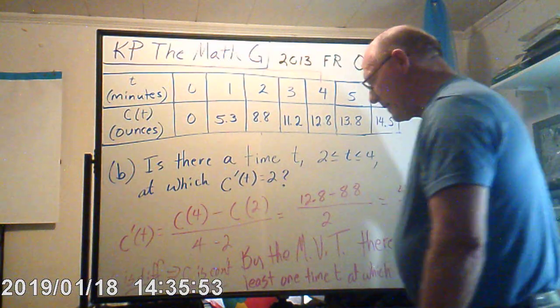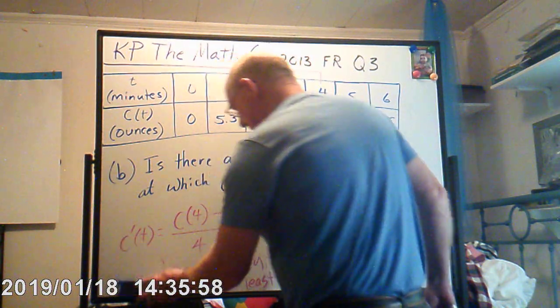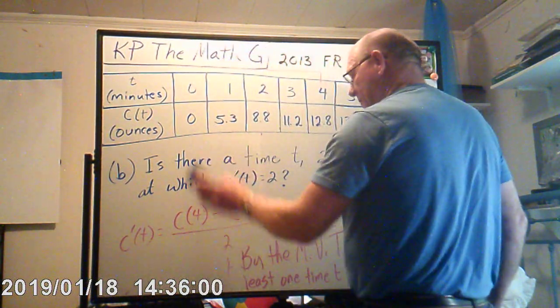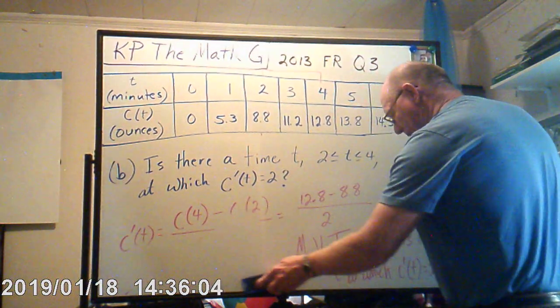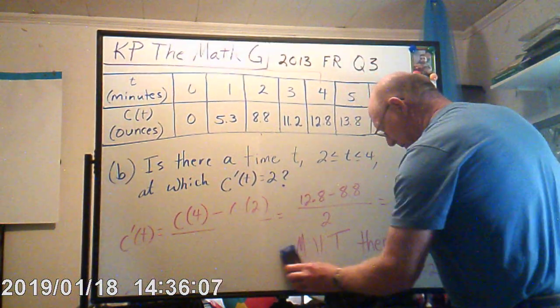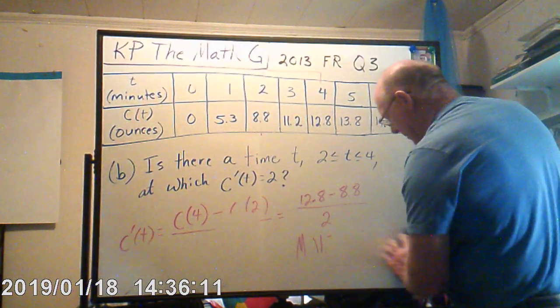Let's erase this and put something else up here. I don't think we need the table anymore. We're going to look at D now, just a brief idea.